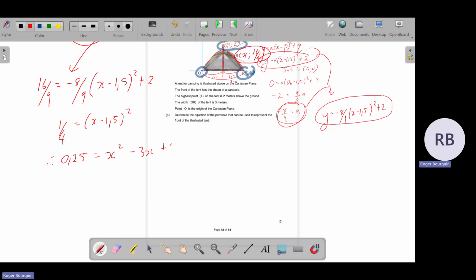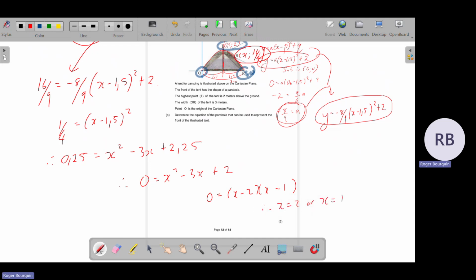So plus 2.25. So you get 0 is equal to x squared minus 3x, 2.25 minus 0.25 is going to be plus 2. So you get 0 is equal to (x minus 2)(x minus 1). So x is equal to 2 or x is equal to 1.